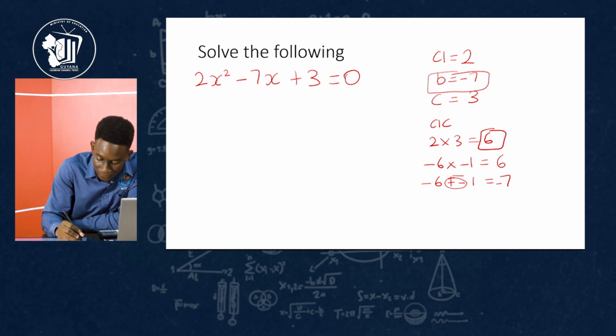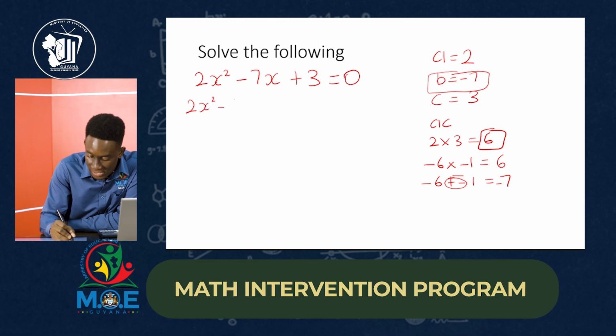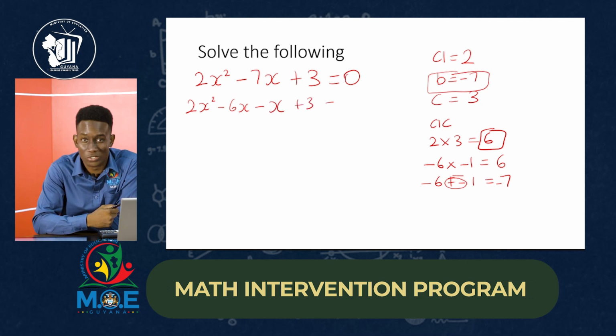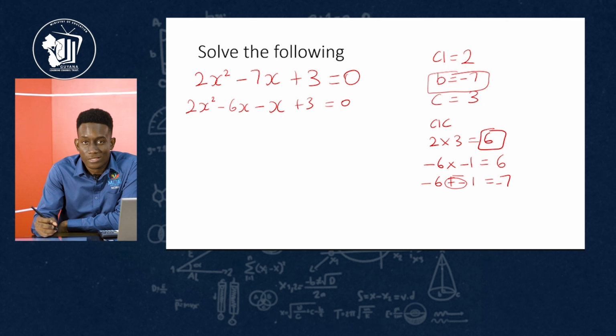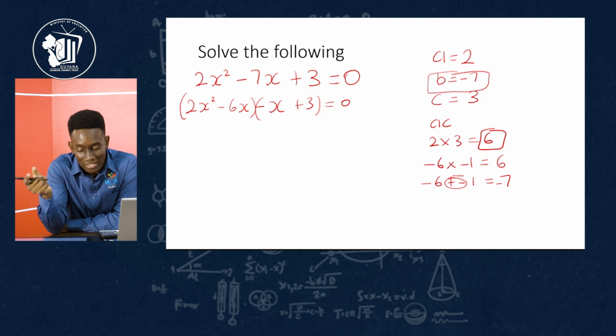So we'll have 2x squared minus 6x minus x plus 3 is equal to 0. Next, we pair off the terms, and then we factorize each bracket individually.